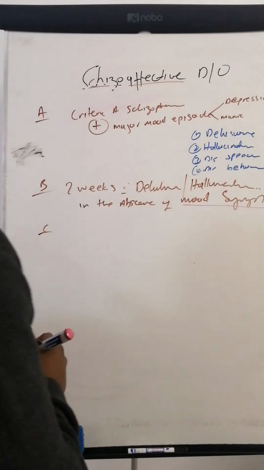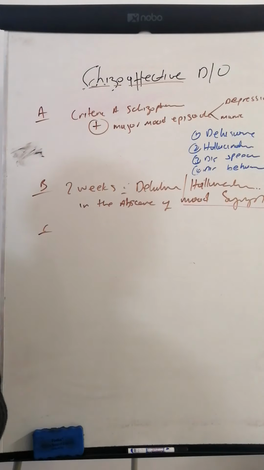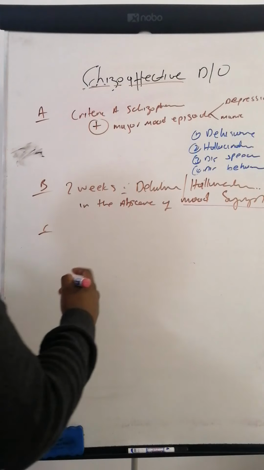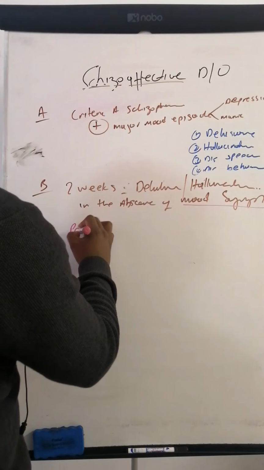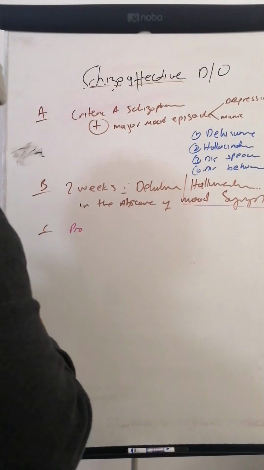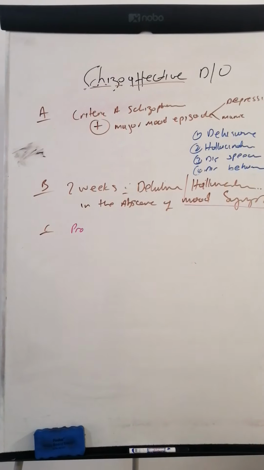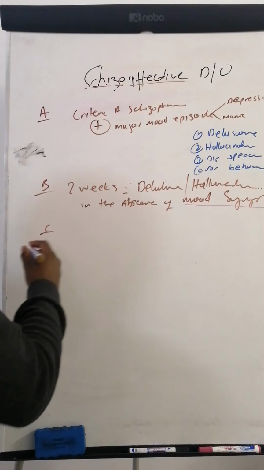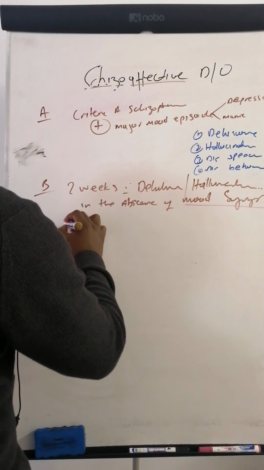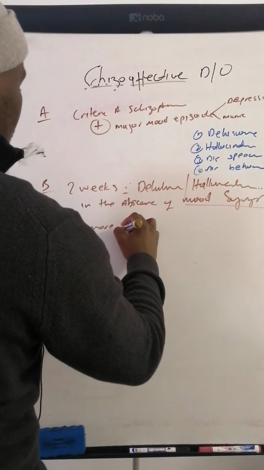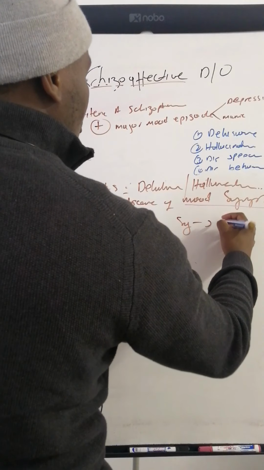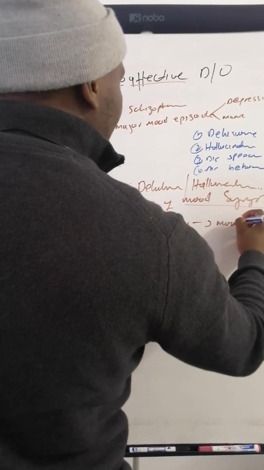So let's move on to criterion C. In the duration of the entire illness, the more prominent symptoms should be that of whatever mood disorder it is.